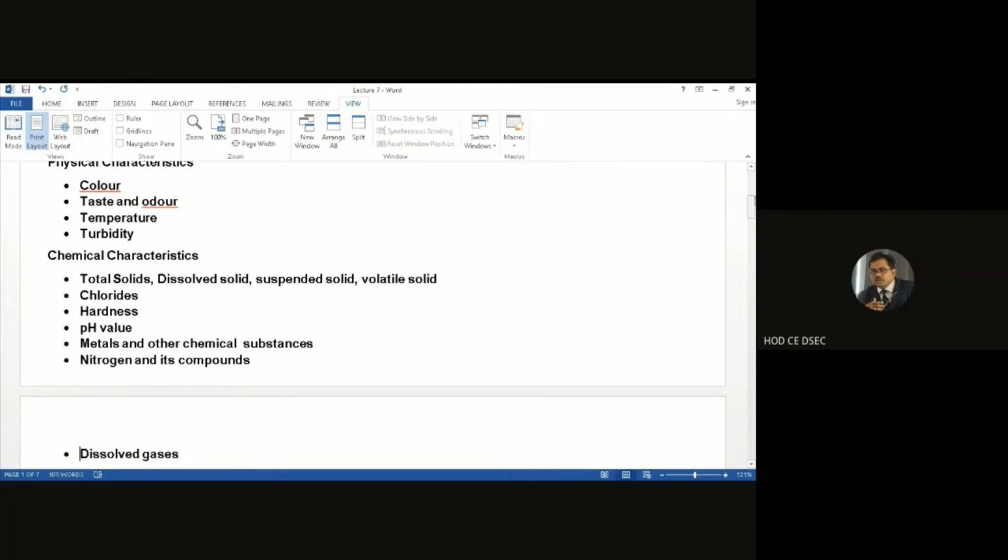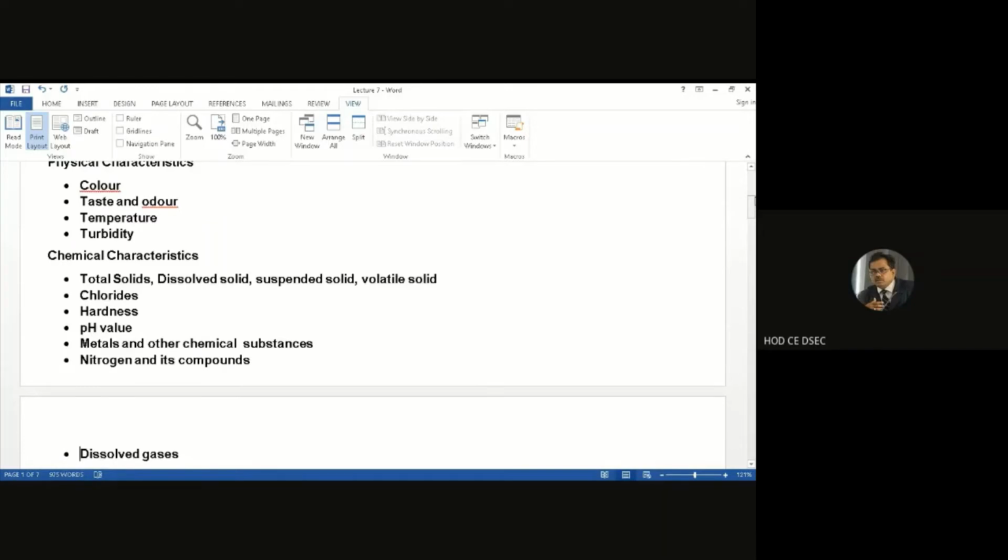But when we have no option, when there is no alternative source, in that particular case we can go, in a specific or special condition, up to the permissible value. So that is the difference between the acceptable and the permissible, whether you have the alternative source in your hand or not.